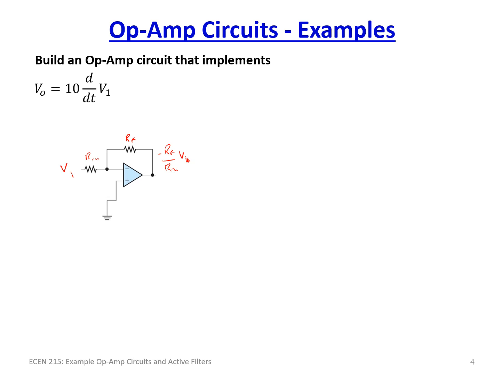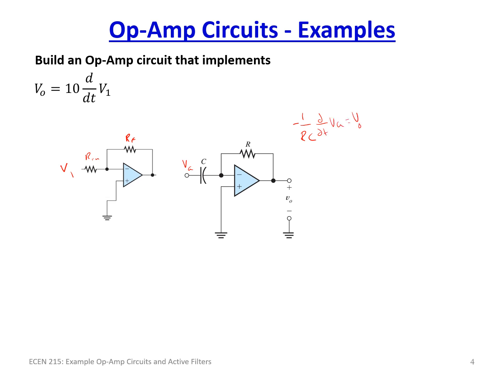So that's that. And so let's go ahead now and take a look at the next circuit, which is the differentiator. In this one here, we're going to put VA here, just so that we don't confuse it with V1. And the output here is minus 1 over RC d/dt of VA is equal to V out. So that's what this stage is.